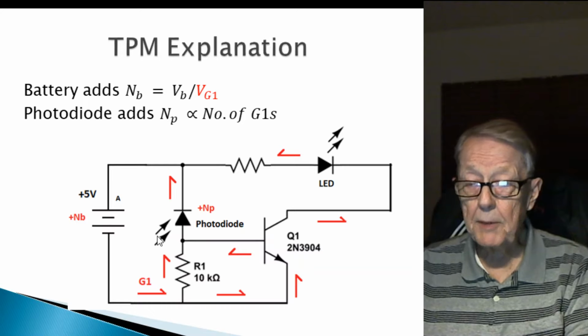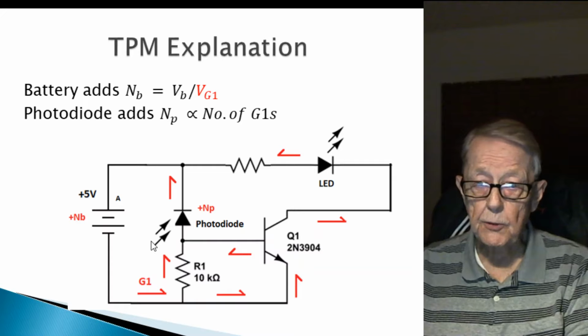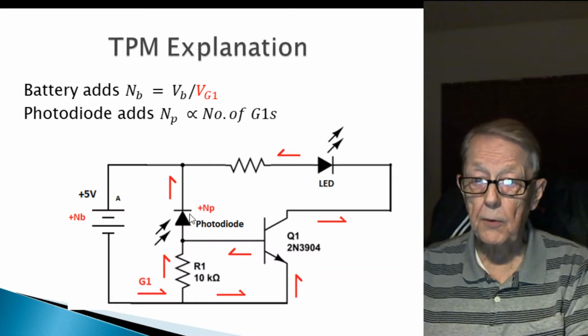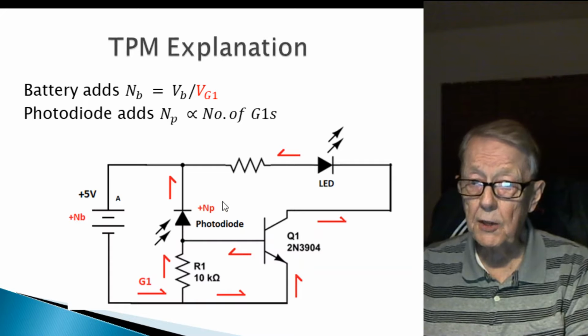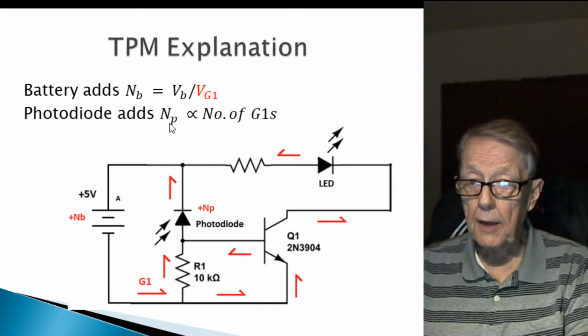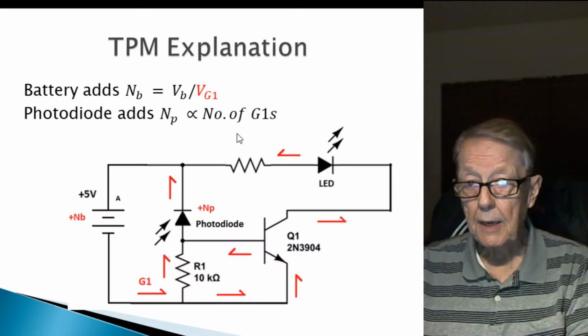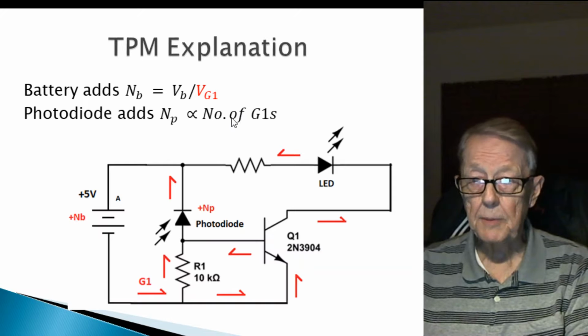But at the same time, the streams of G1 particles hit the photodiode, and it's going to add its A number as well. And that number that the photon adds is proportional to the number of G1s coming in. I don't know that's an exact statement.